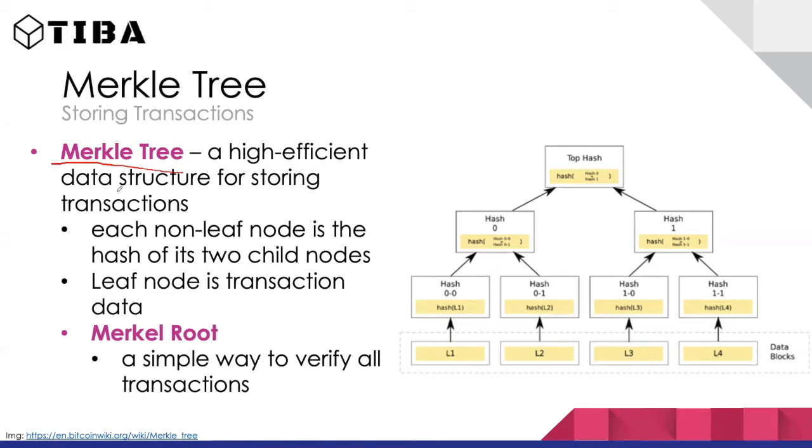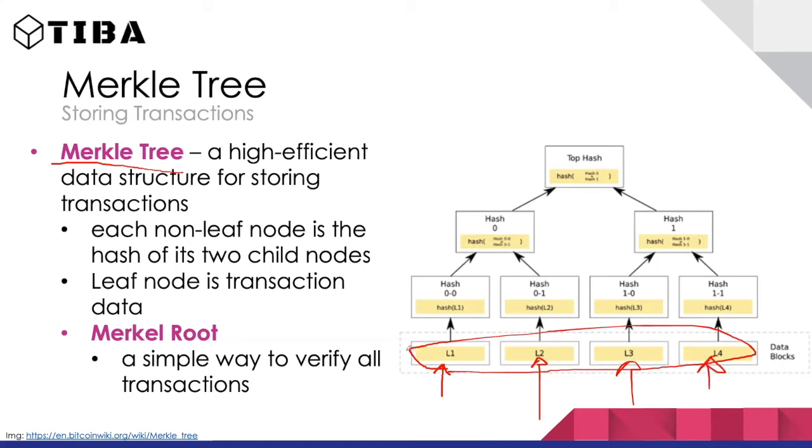It's a tree data structure, a binary tree data structure, if you're familiar with some computer science terms. Here's an example. The leaf nodes, the bottom ones, are all the transaction data. Here's one transaction, here's another, and another, and another.